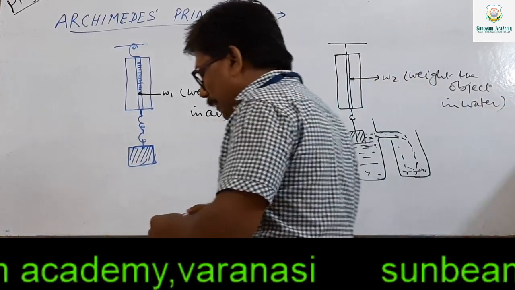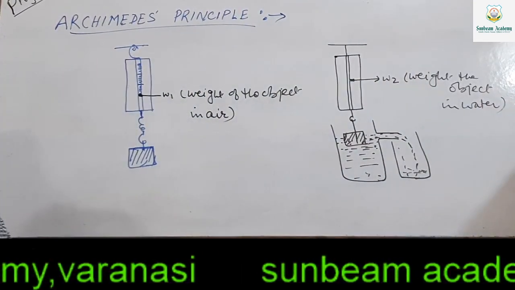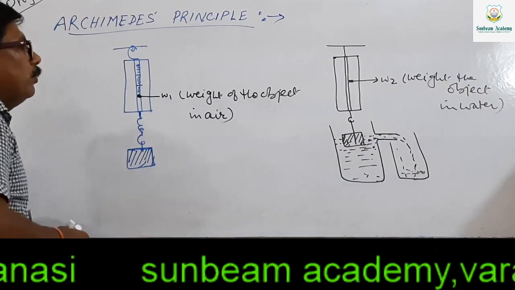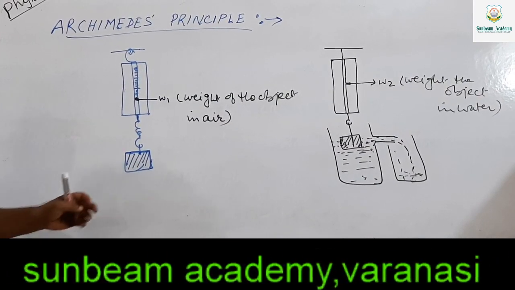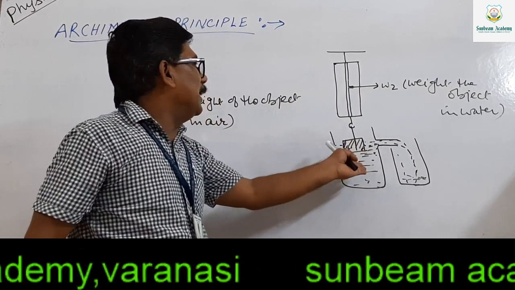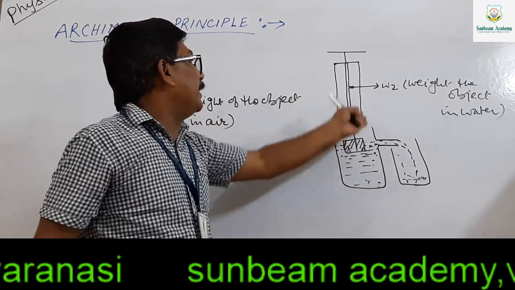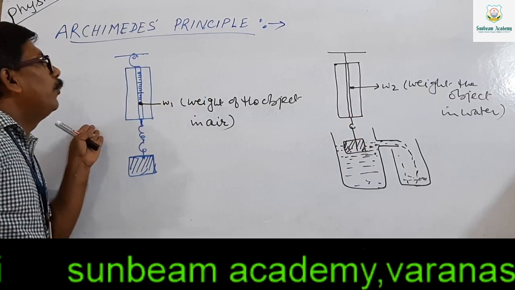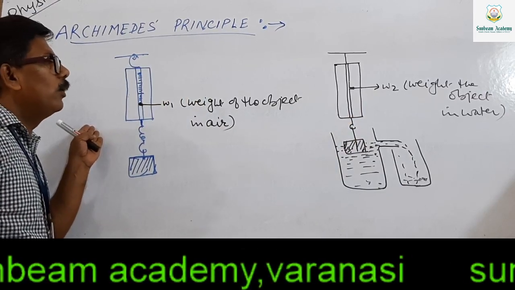Why is this weight less than the weight of the object in air?